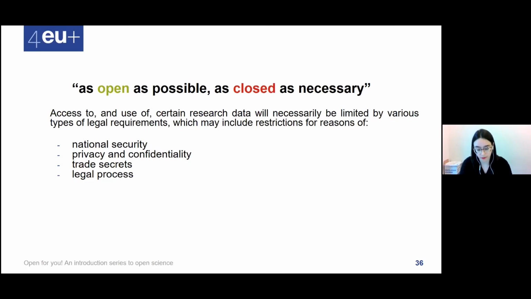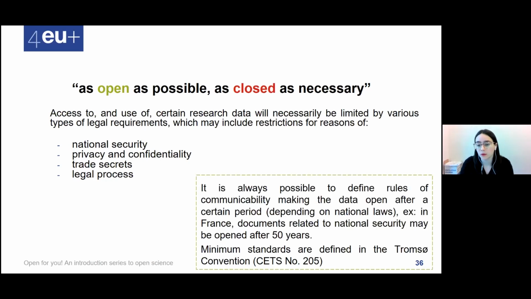And data under consideration in legal action, so justice, may not be accessible. It's always possible to define rules of communicability, making the data open after a certain period, depending on national law. For example, in France, documents related to national security may be open after 50 years.